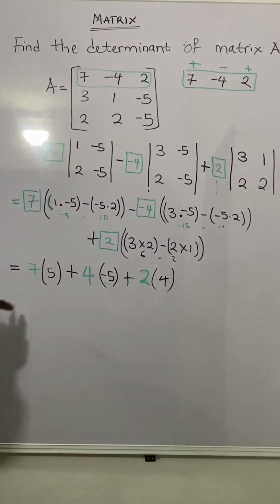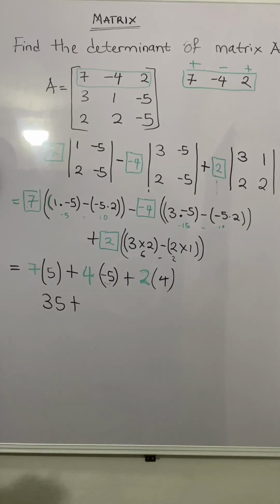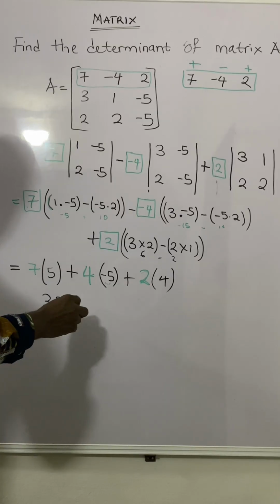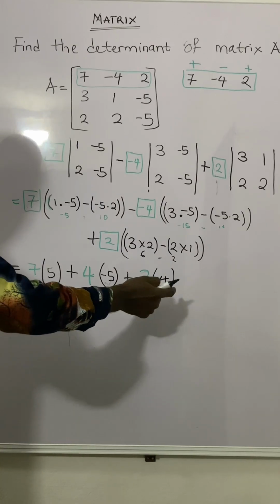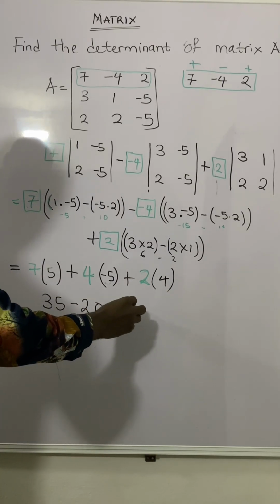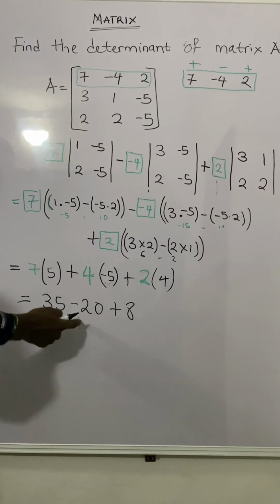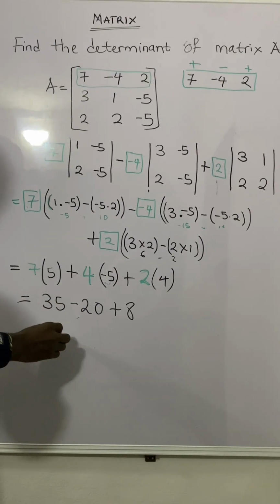So from here, 7 times 5 should be 35, plus 4 times minus 5 will give us minus 20. Then the next thing is we have plus 8. So we have 15 plus 8, 23.